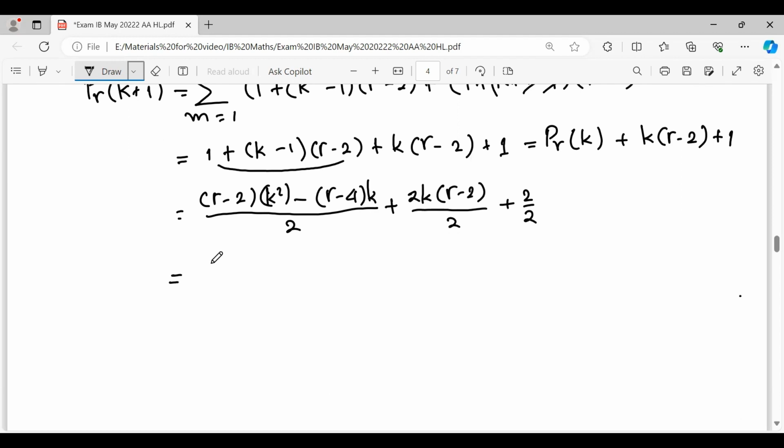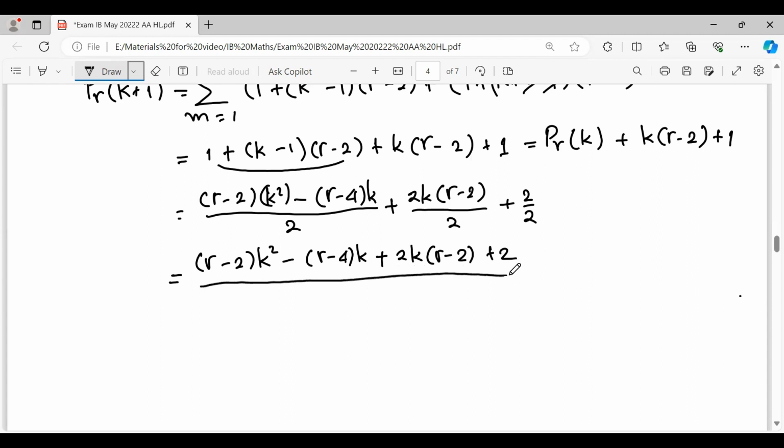Then this is (r minus 2)k squared minus (r minus 4)k plus 2k(r minus 2) plus 2 over 2.